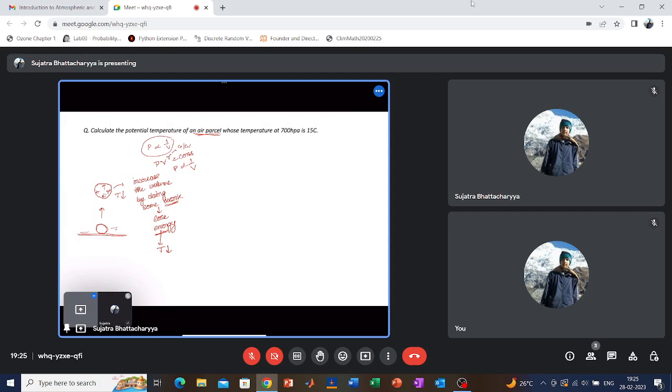Okay. Now I have already told that the process here is adiabatic. Now I will use the first law of thermodynamics, which is the energy conservation.